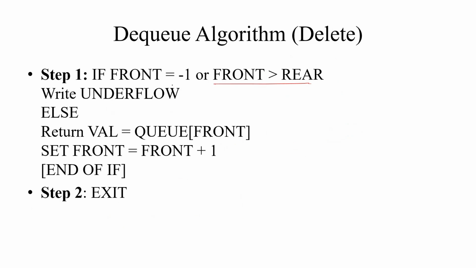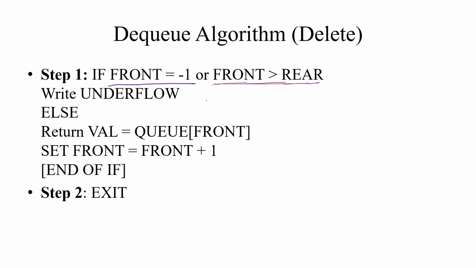When we don't have any element, the front value and rear value both will be minus 1. So in that case, I can say the queue is empty and we can say underflow. And one more case is front is greater than rear. If front is greater than rear, it also means all the elements we inserted we have already deleted. So we can say queue underflow.